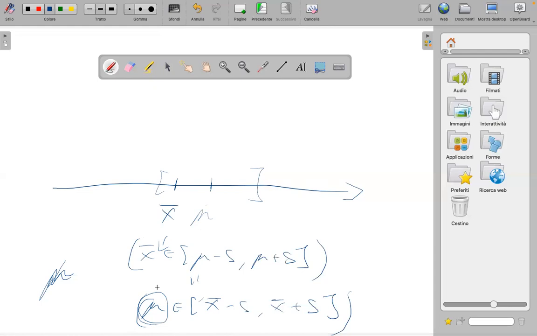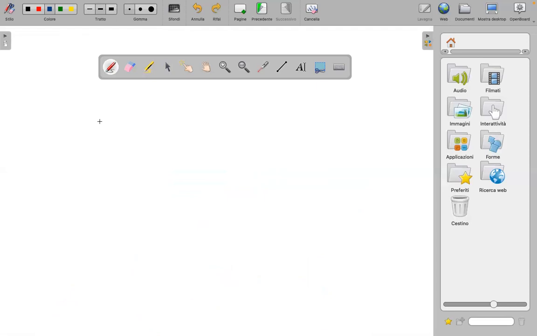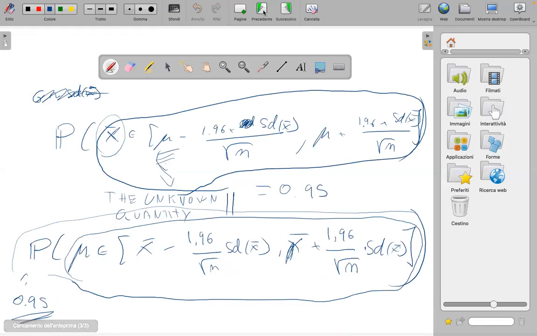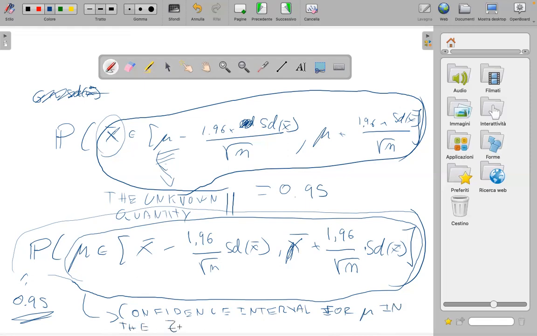So this is how the confidence interval for mu in the Z test is built.